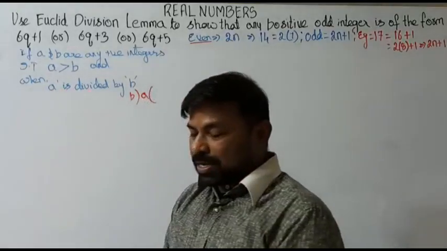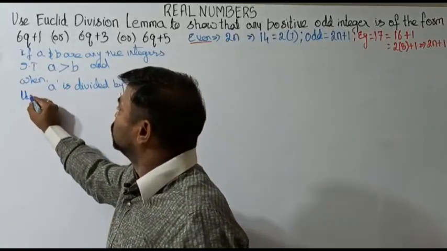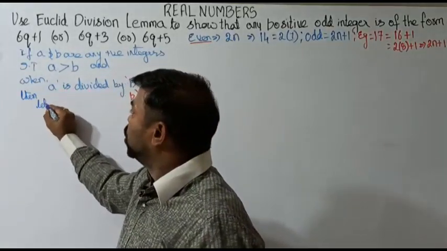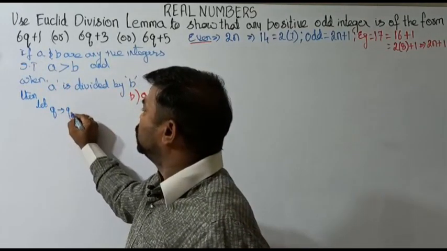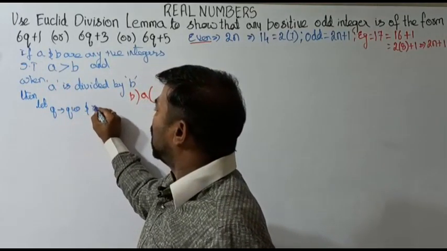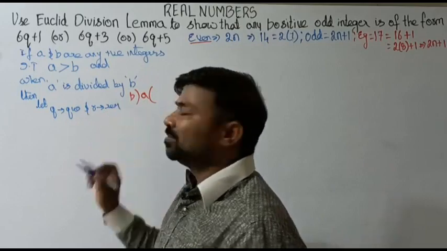When a is divided by b, then let q be the quotient and r be the remainder.